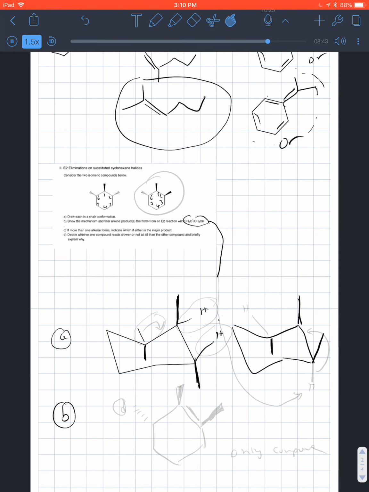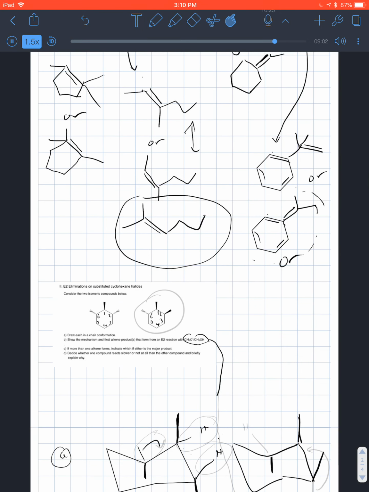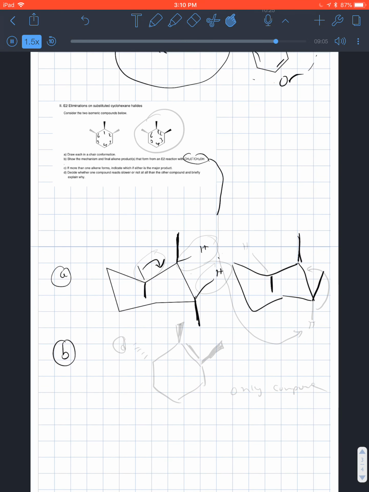It'll cause the bond to go right over here. So that would be one alkene product. The other one would be if this came over and attacked this hydrogen, and that bond would go on this side. So before that bond.